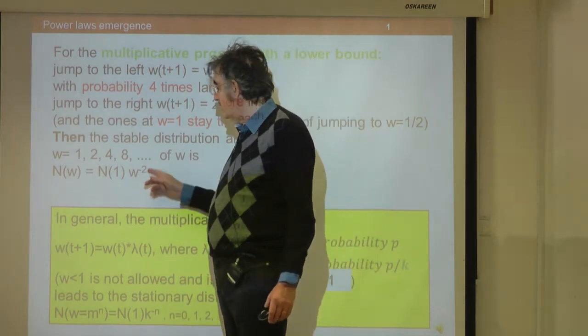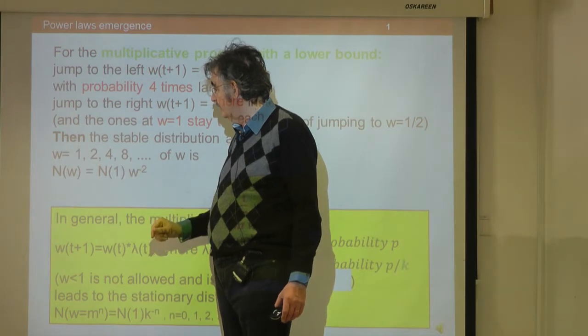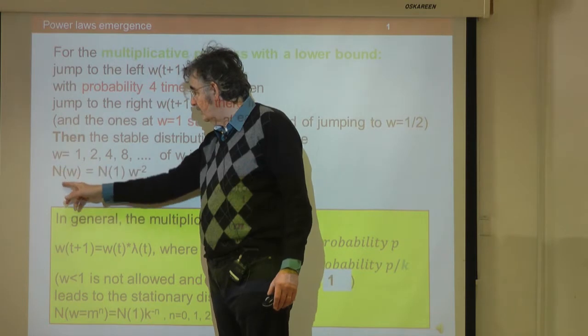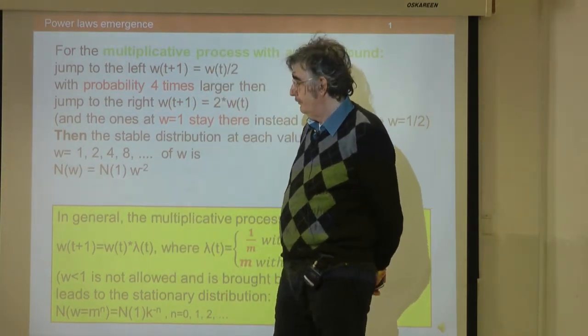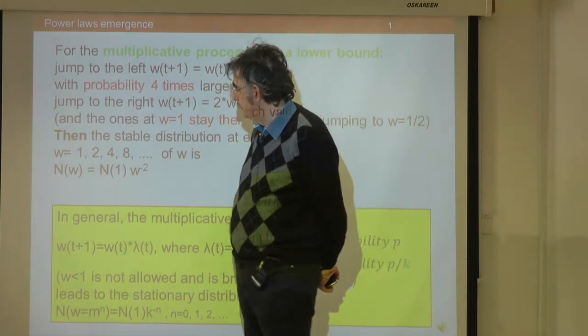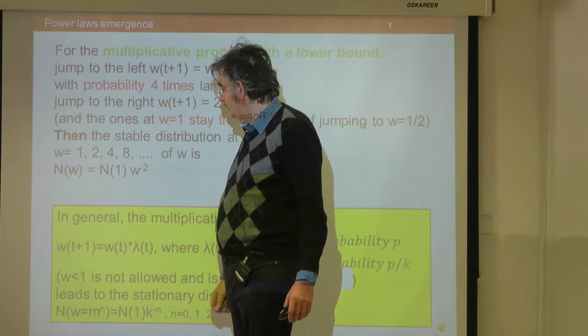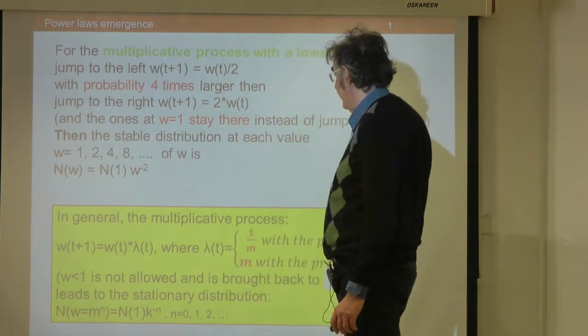And the important thing is that we got that whatever is the number w here, the number of realizations which are at that particular number is proportional to w to the minus 2. And we call it power law.